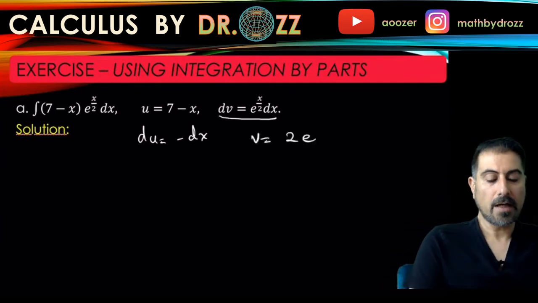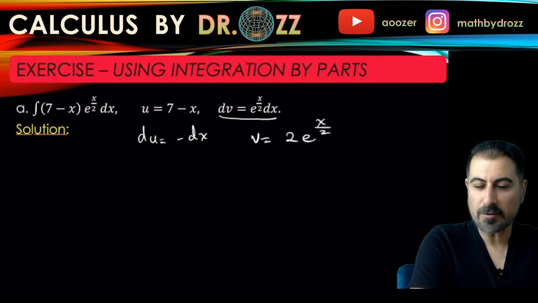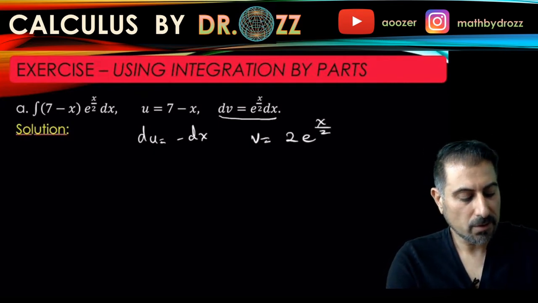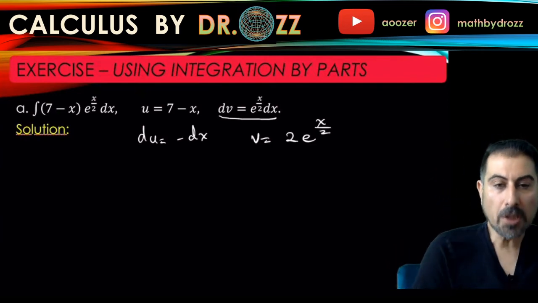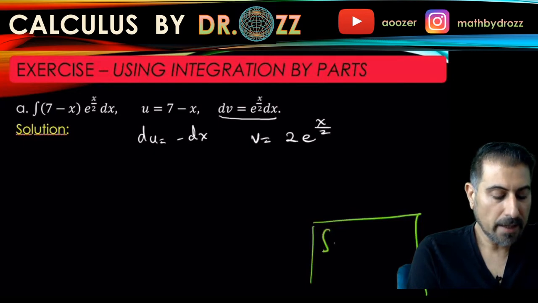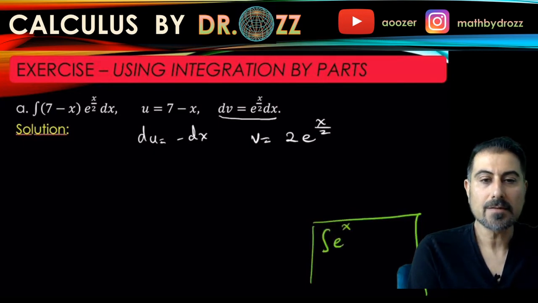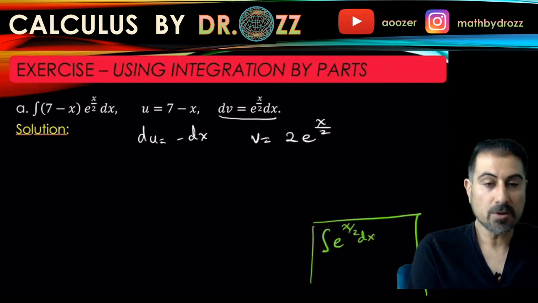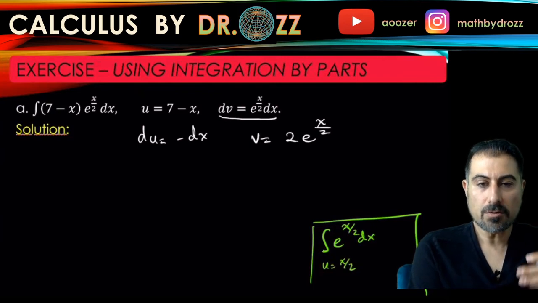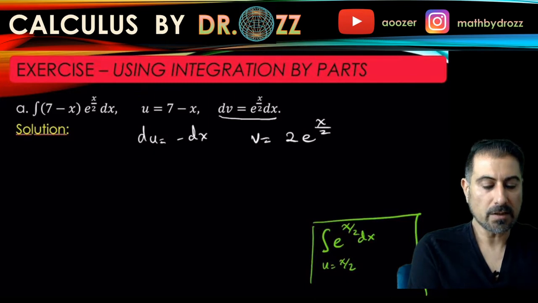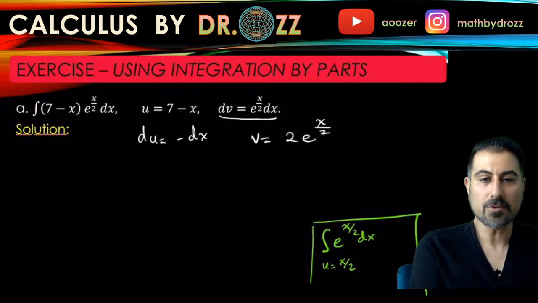And if you are not comfortable with this integration this fast, you can go ahead and, in a separate place, work on the integral of e to the x over 2 dx, by calling u to be x over 2, so that you can convert this integral into an e to the u du type integral, and you can get the same result that I got here, 2 times e to the x over 2.